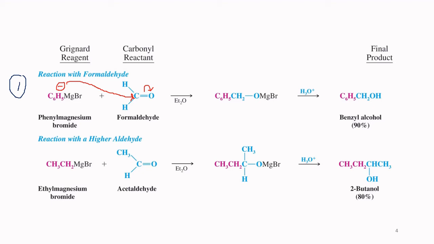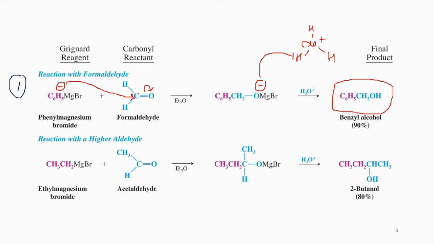And then what will happen if we have acid is the oxygen will abstract the proton from the acid, and we will get benzyl alcohol at 90% yield, which is quite high.